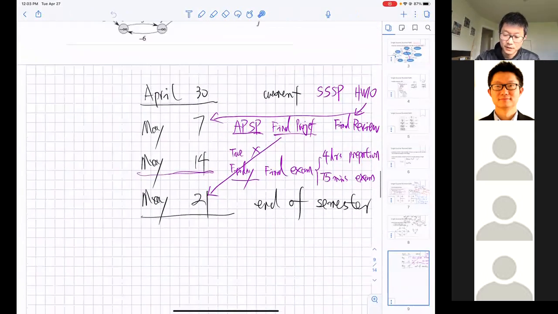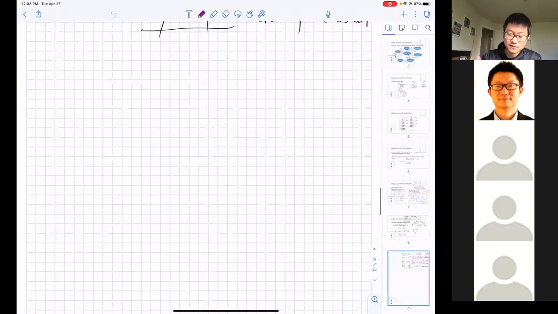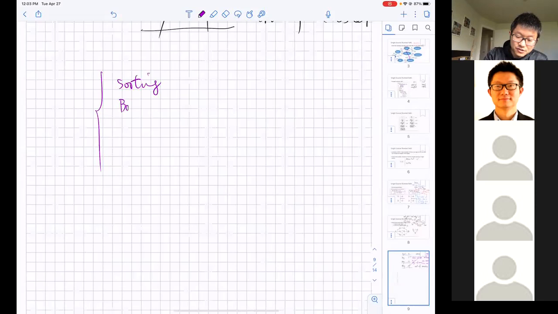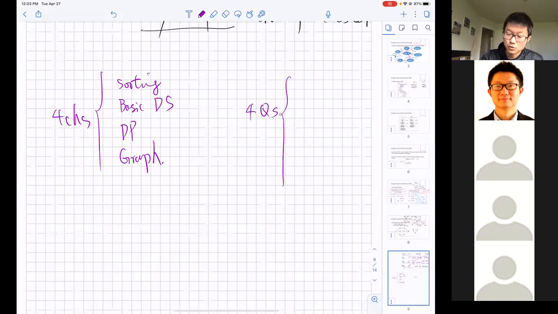So basically, our class includes 4 different chapters: sorting algorithms, basic data structures, dynamic programming, and graph, right? Yeah. So we got 4 chapters, and in the final exam, you are going to have 4 questions, each question corresponding to 1 chapter. Okay.